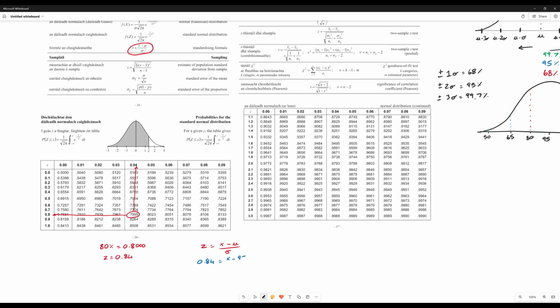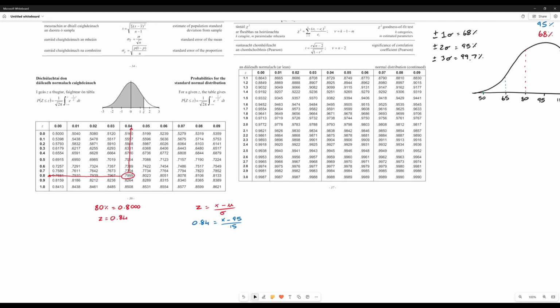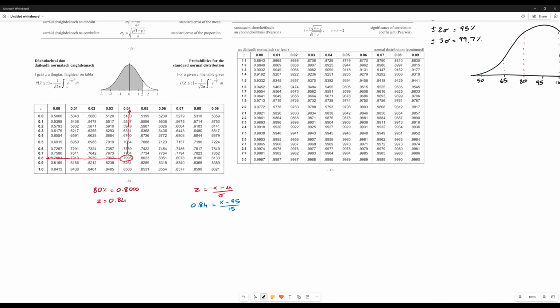Mu is still 95, sigma still, what was it, 15? Yeah, I think it was 15. And now it becomes algebra to find out what X is, to solve for X. So multiply both sides by 15 to get rid of the 15 on the denominator there. And what's that going to be? It's going to be 8.4. 8.4 and 4.2.